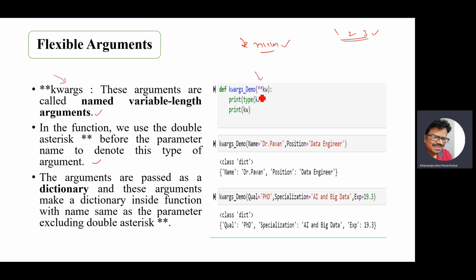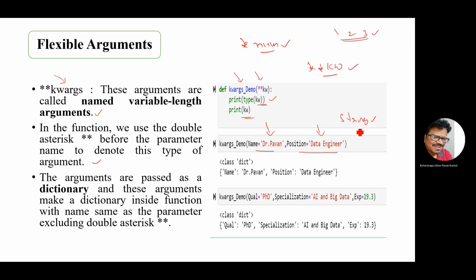While working with kwargs, I give the double star and mention the variable. Now I want to print the type of these arguments and the value. You see, guys, I am calling this function with the name and the position. Both are string type of data, which handles textual information. At the moment I print the type, it gives the dictionary type.